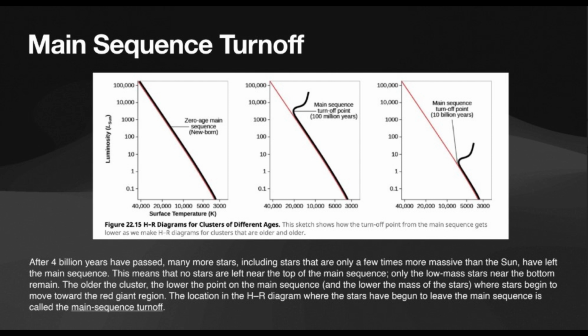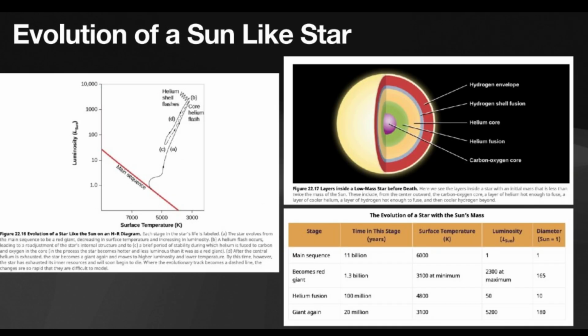The location in the HR diagram where the stars have begun to leave the main sequence is called the main sequence turnoff. Then you can see the globular cluster and the evolution of a sun-like star.